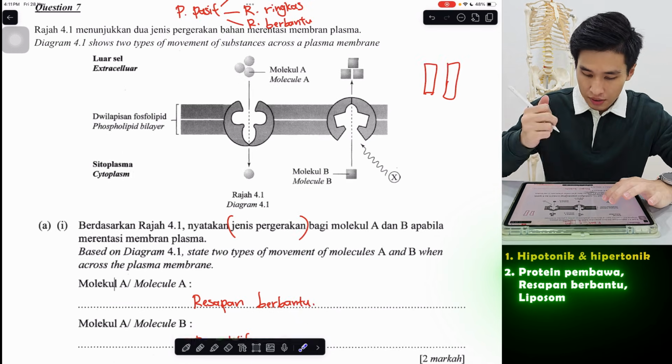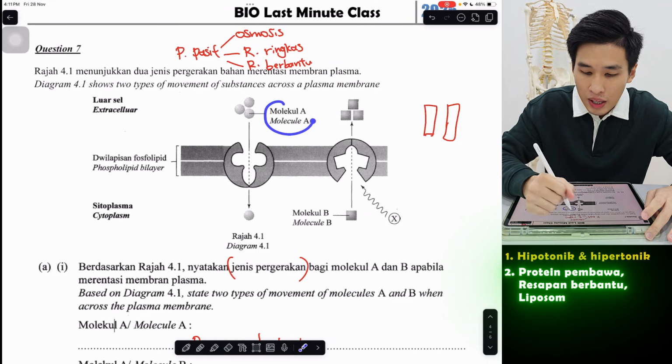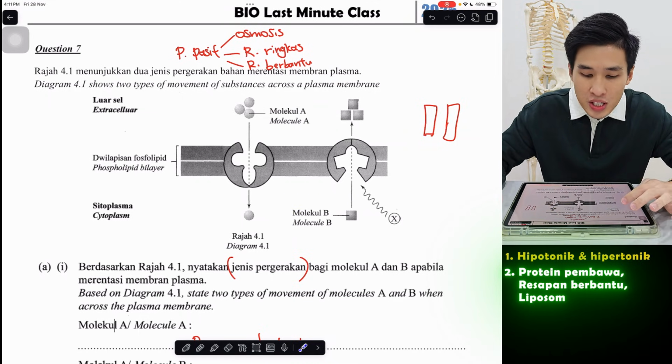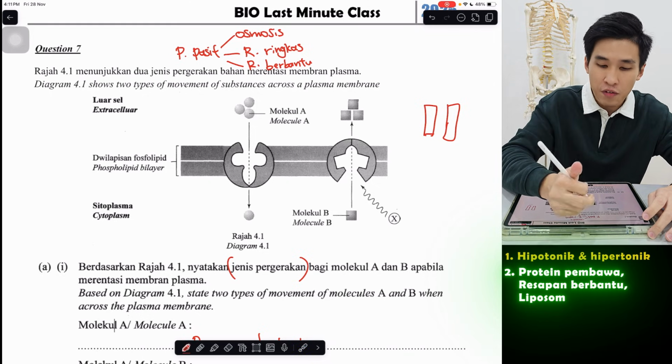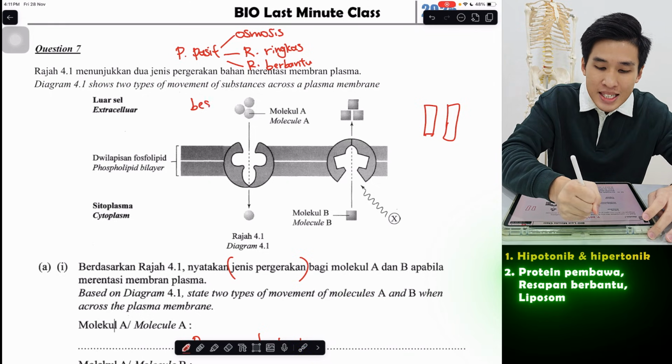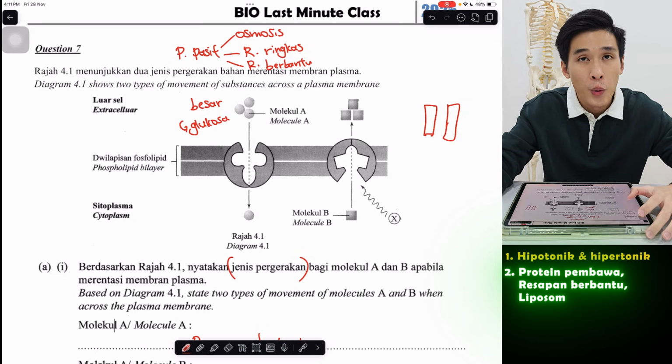Then if no question didn't ask this, but let's say if they ask you to nyatakan apakah molecule A dan B. So for resapan berbantu pada protein pembawa, it is only for molecule yang besar. Siapa example molecule besar? Like your sugar, glucosa, and also acid amino.